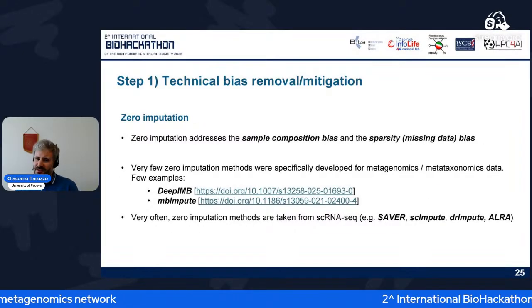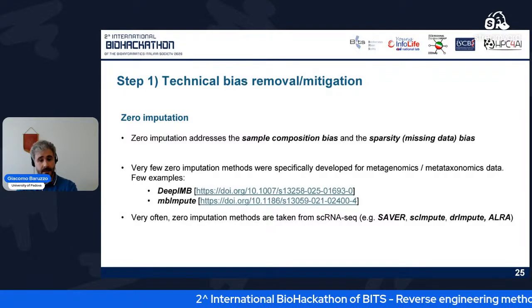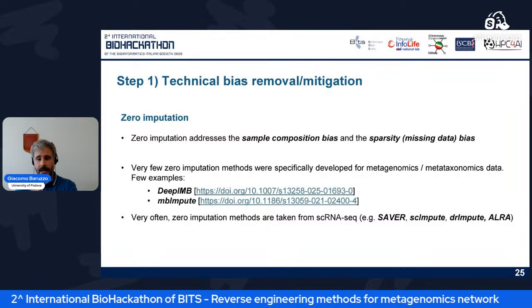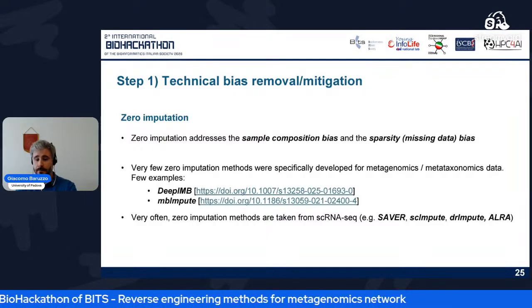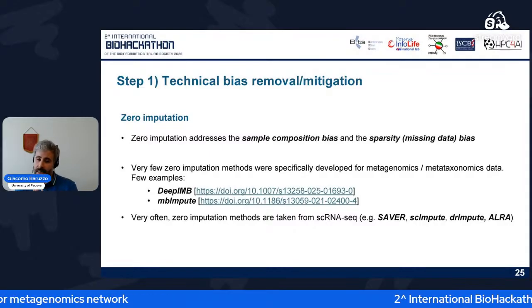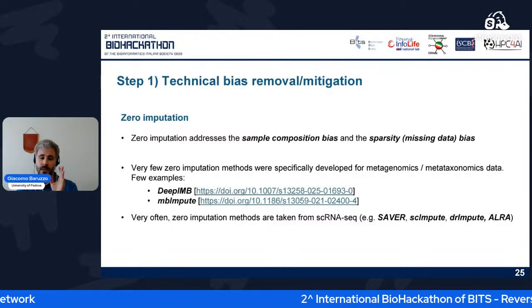The last step, very uncommon nowadays, more common in single-cell RNA-seq count preprocessing and less common in 16S count preprocessing, is the zero imputation step, when you would like to correct for the sample composition bias and the sparsity bias. So in a nutshell, you would like to distinguish between biological zeros and technical zeros.